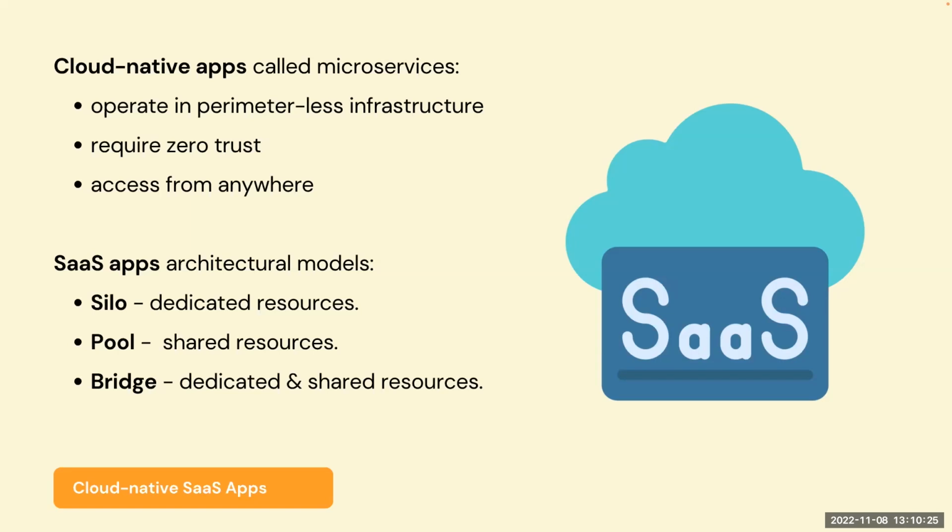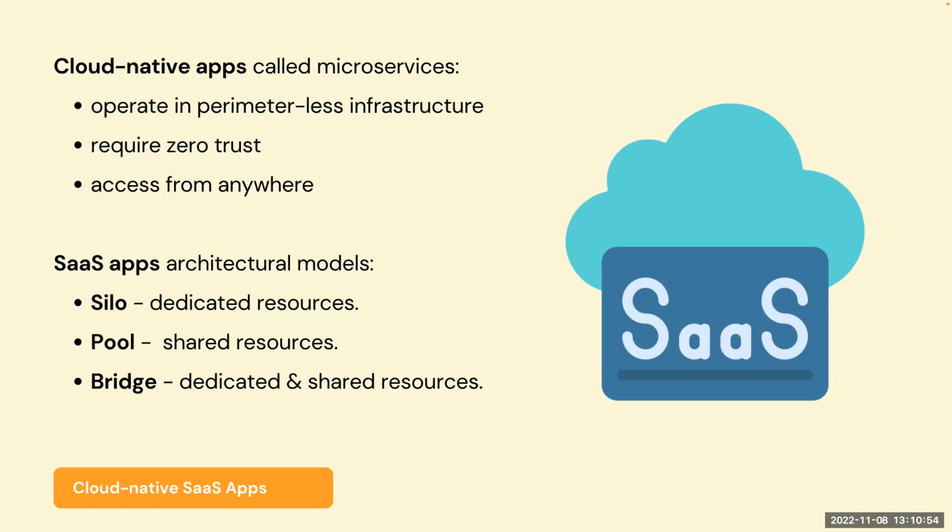For SaaS app architecture models, there are three types: silo, pool, and bridge. For example, if you are using dedicated resources for your application, let's say you are leasing a machine and all the compute, memory, and CPU belongs only to you, this is a silo.